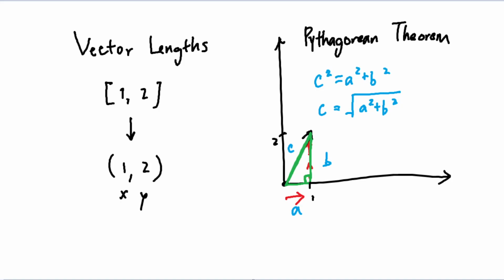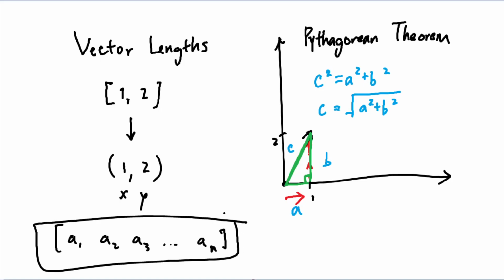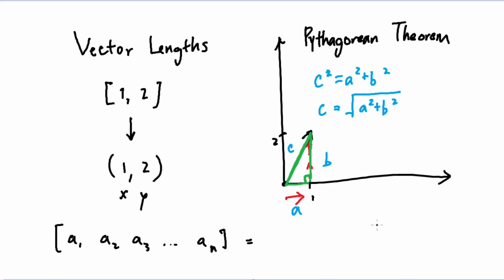And so this is where things get interesting. Once again, we have applied only a 2-element vector here. But if we take any one row or one column vector, and let's write it in this way: A1, A2, A3, all the way up to AN, the length of this vector is equal to the square root, going back to the Pythagorean theorem that we established earlier, of the sum of each of its elements squared.